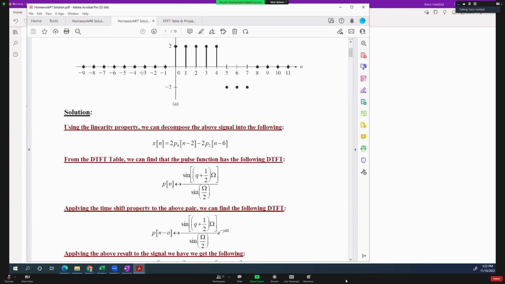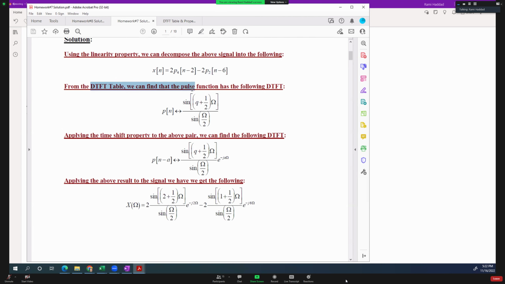Now, this is equal to 2n all the way with a shift equal to 2 and a width equal to 4. So that's what this means. And then you have another pulse with a width of 2, and that pulse is centered at -6.